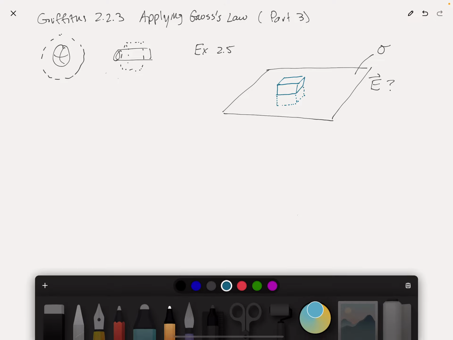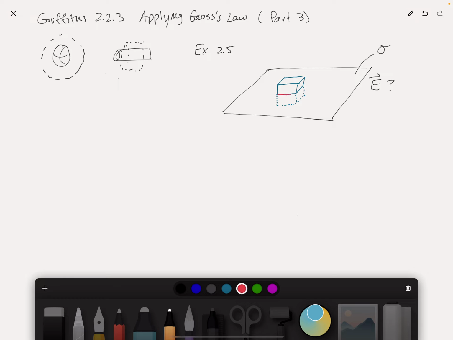This bottom line right here is on my plane, and the dashed bits are below the plane, and the solid lines are above the plane. I could draw a perfect side view of that, and using the same colors, I would get something that looks like this, where again that red line is this line right here.